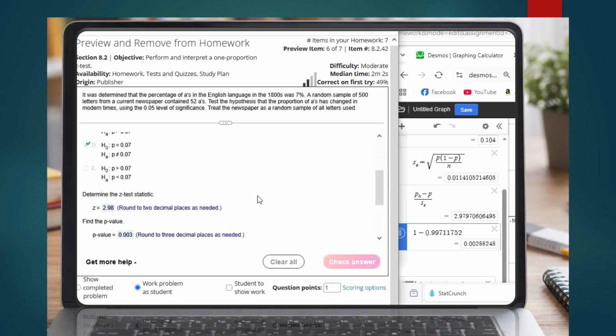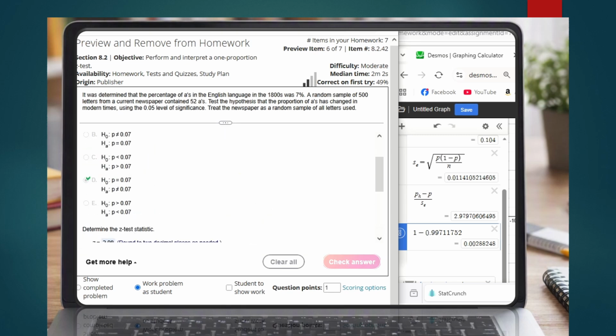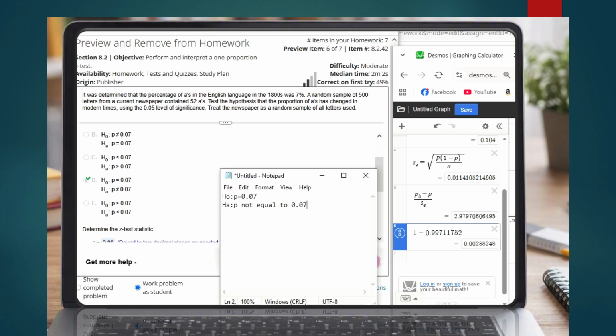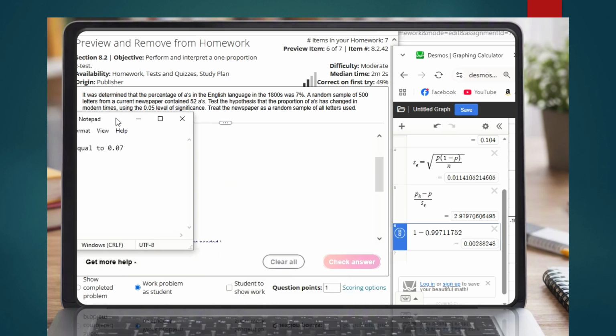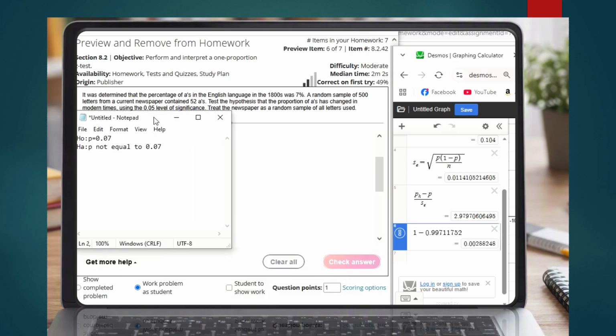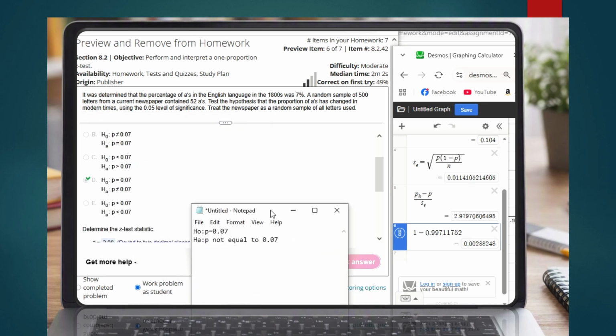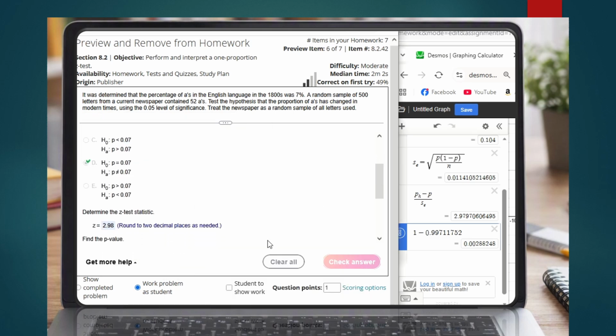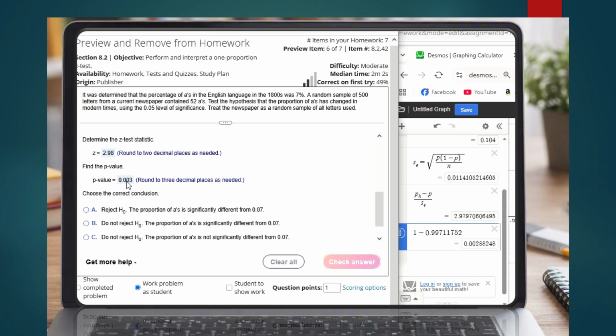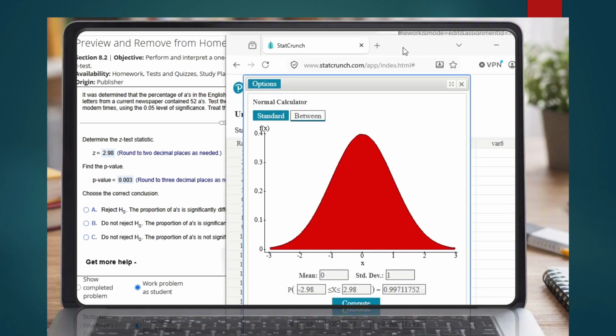There we go. Now let's look at what our level of significance was. Our level of significance was 0.05, and when we look at that, we can tell that 0.003 is less than that. So that would mean that it is in the tails.